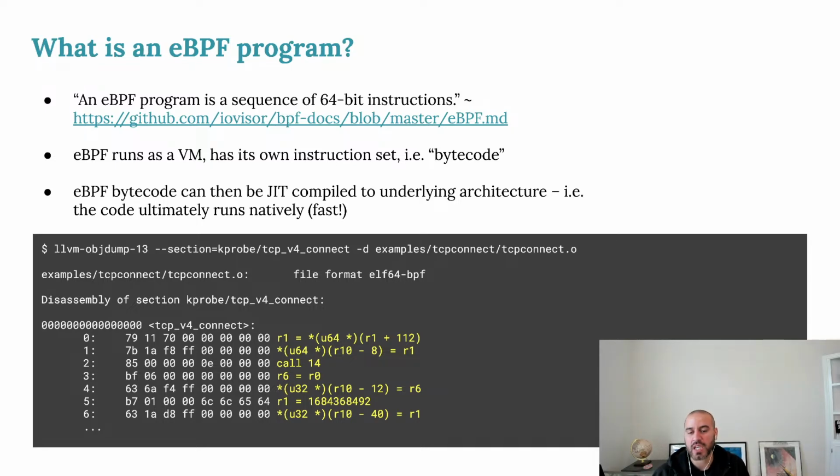And in most cases, on a lot of the most common architectures, that bytecode will actually be JIT compiled to run natively. So if you're writing some eBPF code and you compile it to eBPF assembly, then on common architectures that will get JIT compiled into native machine code. You're essentially running as fast as you can go.